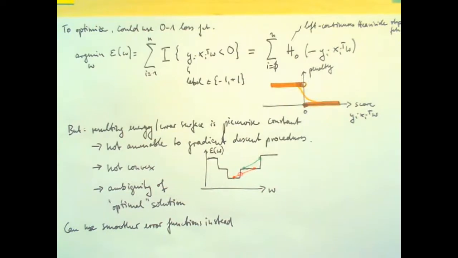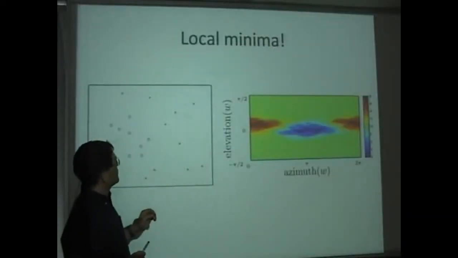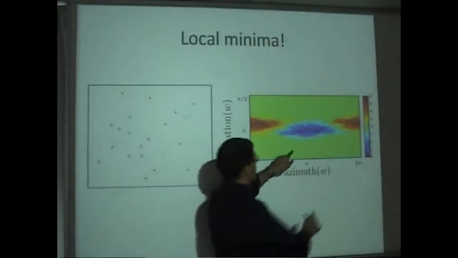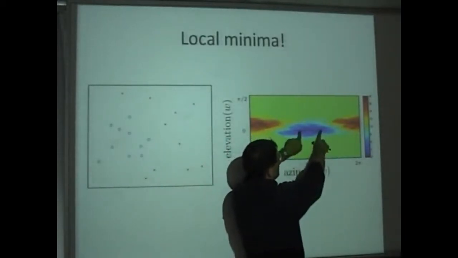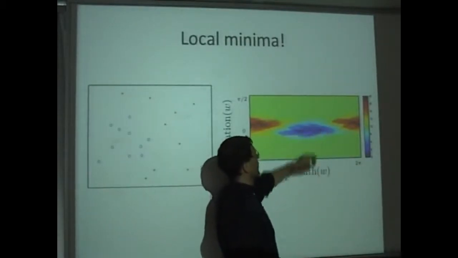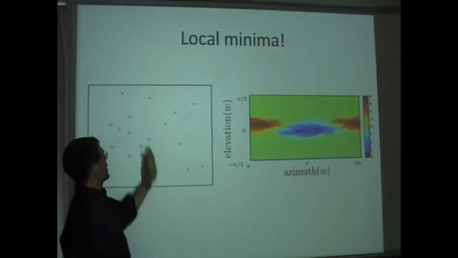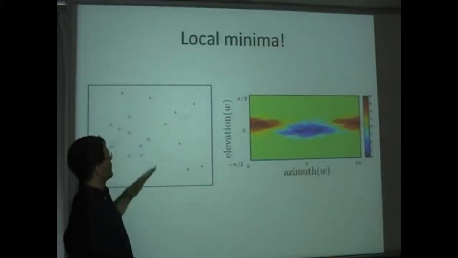I here show an example which is no longer linearly separable, and there are actually now two distinct minima in this error surface. There's one here and one there, and if you look more closely you find two more. Roughly these minima correspond to this solution or to that solution.